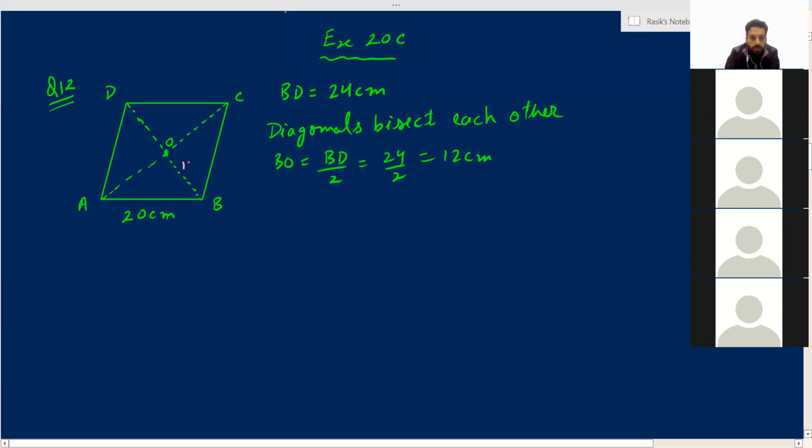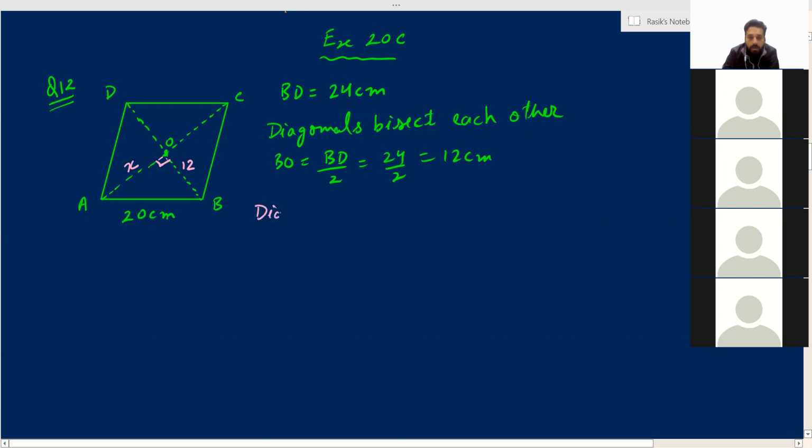Right? All of you, any doubt till now? BO is 12. No, sir. Let the length of AO be x. Now in this question, angle AOB is 90 degrees. Why is it 90 degrees?